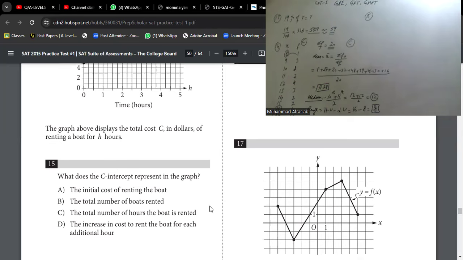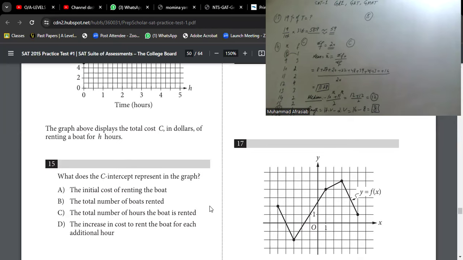B, C, and D. P stands for the total number of boats rented. This is not mentioned. Then the total number of hours the boat is rented is again not part of it, because the initial cost is not that, and the increase in cost is also not part of the answer.